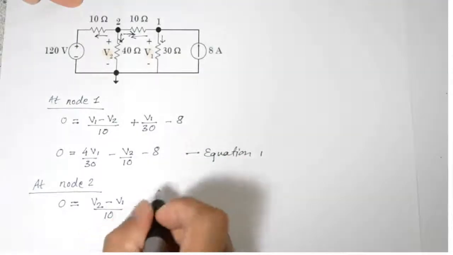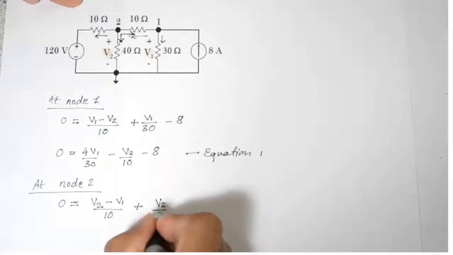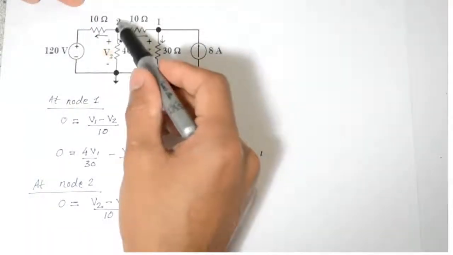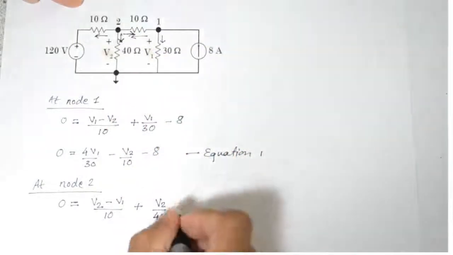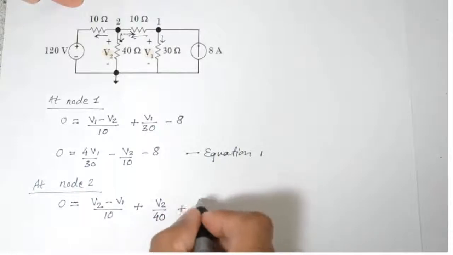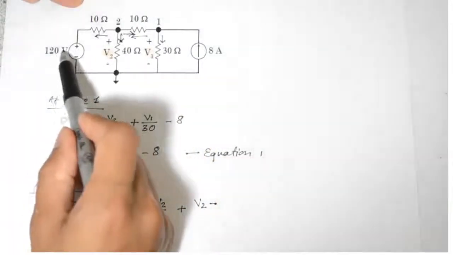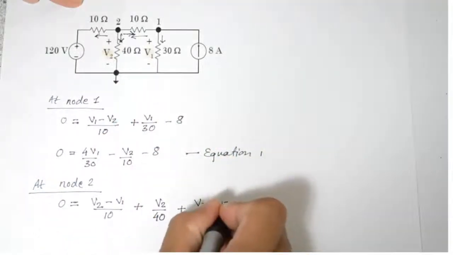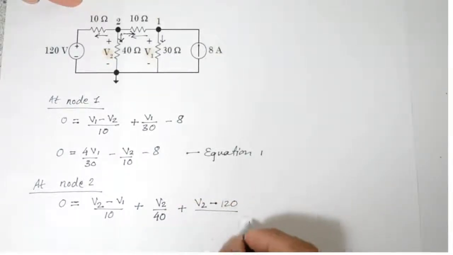Now plus for this current right here, V2 by 40. And for the current going from node 2 to this voltage source, we just take it as V2 minus whatever the voltage it is here, and that'll be V2 minus 120 by the resistance of 10 ohms.